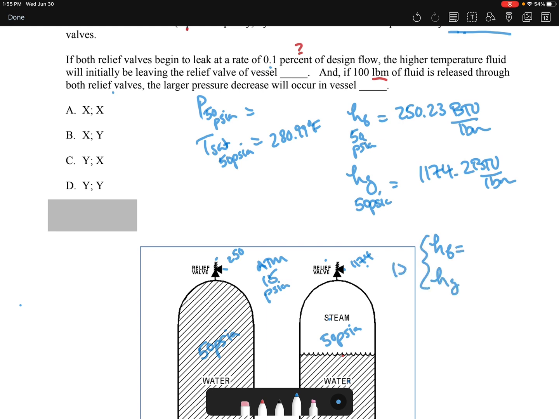at 15 psia. The way you find the state of the fluid is you find the subcooled or the saturated liquid enthalpy and the saturated steam enthalpy at that pressure.